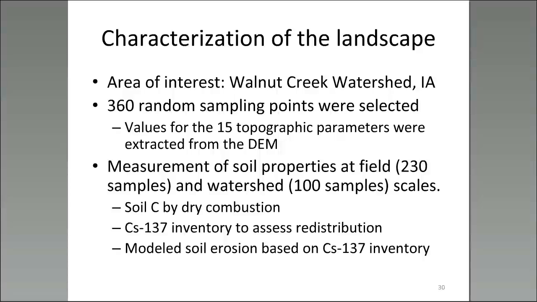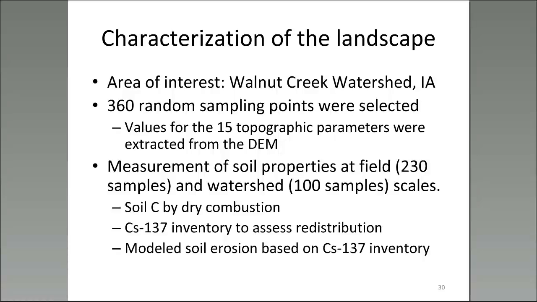Okay, so the area of interest we're going to be first looking at is Walnut Creek Watershed in Iowa. In that watershed, we picked 360 random points, and then we extracted values for the 15 parameters associated with those points.